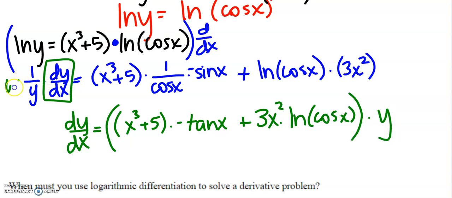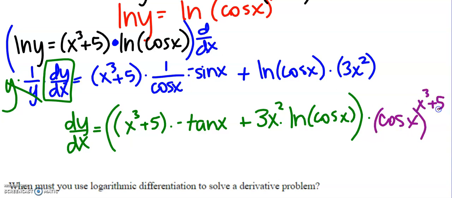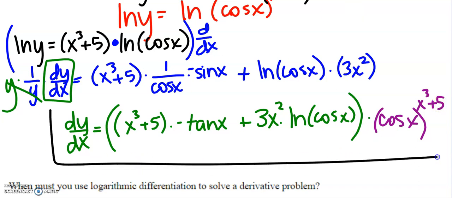So I multiplied both sides by y, but what was y equal to? Oh, that's right, y was that bizarre function of cosine of x to the x to the third plus 5. So, final answer is this guy here.